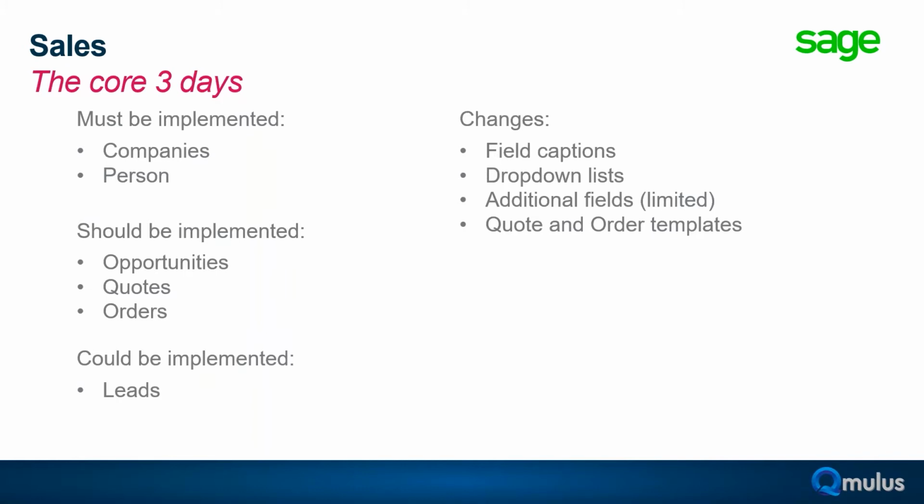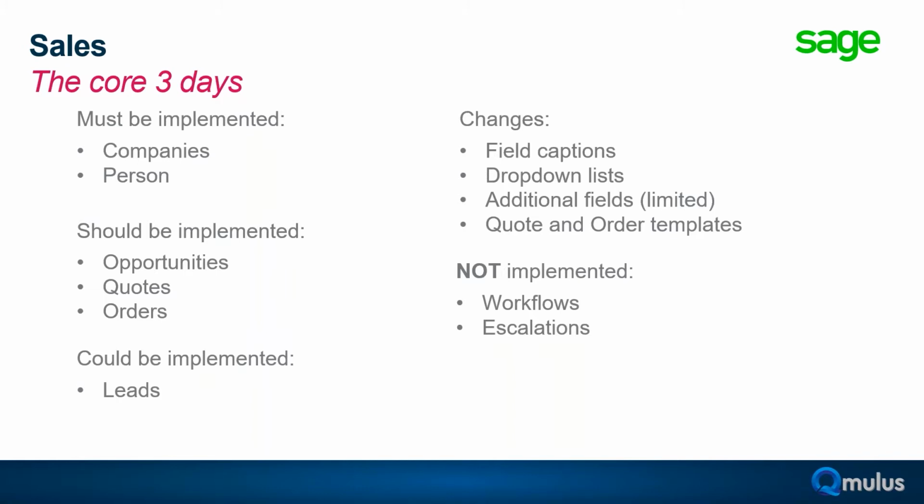One of the areas that we also don't include within our 3-5-7 rollouts is escalations. Part of the reason we don't do this is because, in our experience and our opinion, escalations shouldn't really be implemented until the end of a project.